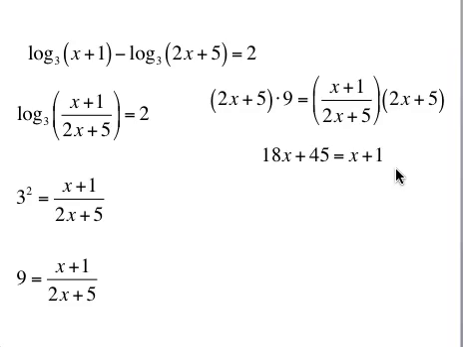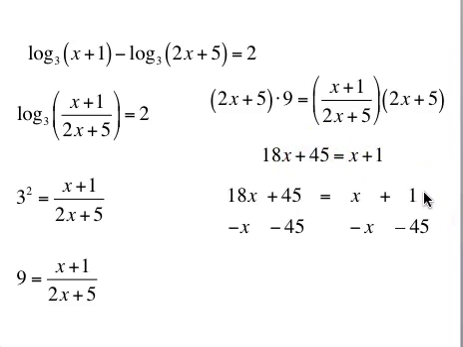We have to solve for x. So I have x's on both sides. I need all the x's on one side, all the numbers on the other. So I'm going to choose to get all the x's on the left side. I'm going to subtract x from both sides to get the x's on the left side. But if that's the case, I'm also going to need to subtract 45 from both sides to get all the numbers on the right side. So subtract x on the left, subtract x on the right, subtract 45 on the left, subtract 45 on the right.